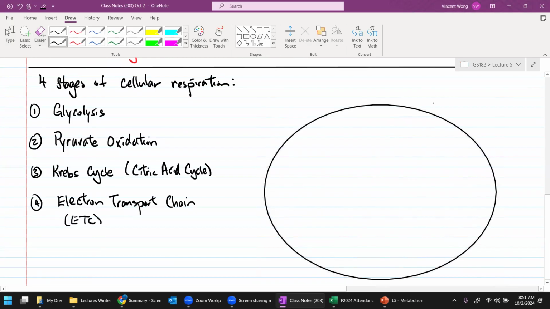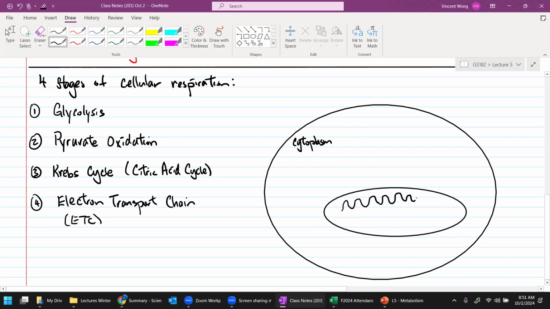Okay, so here is the cell. And this is the cytoplasm. And I'm going to draw a mitochondria. It's not to scale, but we have to draw it nevertheless.